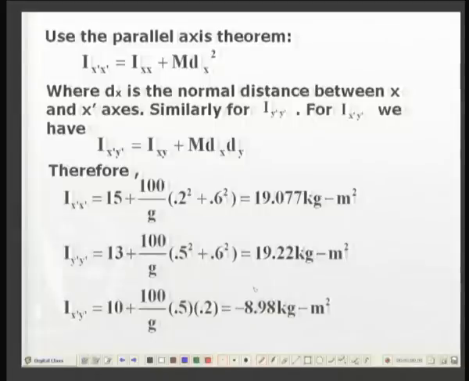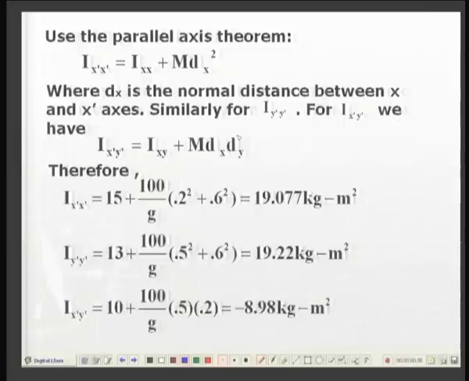So, Ix dash x dash in the new coordinate system is equal to the corresponding moment of inertia in the old coordinate system plus total mass into dx square. The normal distance between the two squared. Similarly, for product of inertias, we have this formula. So, rest is just substitution.